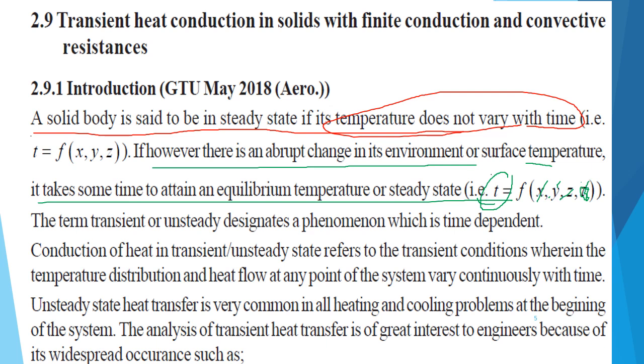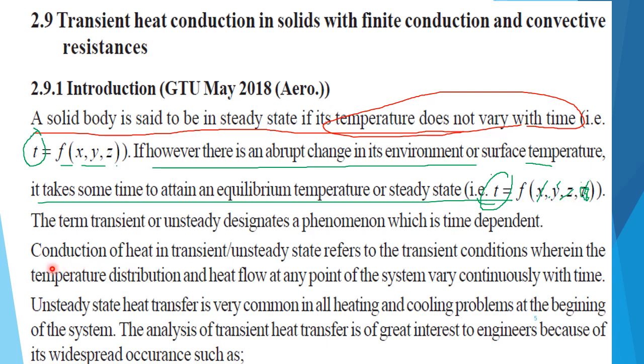So here the temperature is a function of the coordinate system only. It does not depend upon the time in case of steady state, whereas in case of unsteady state or transient heat transfer, the temperature variation is a function of coordinates plus it is a function of time also.